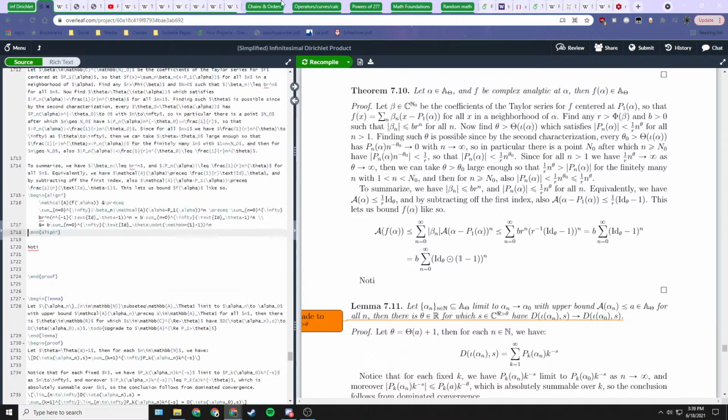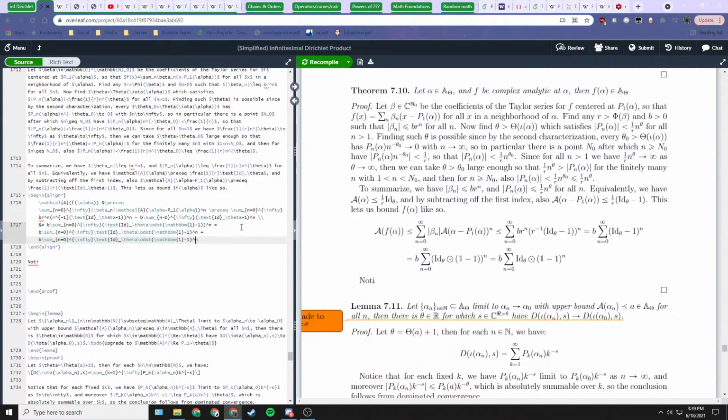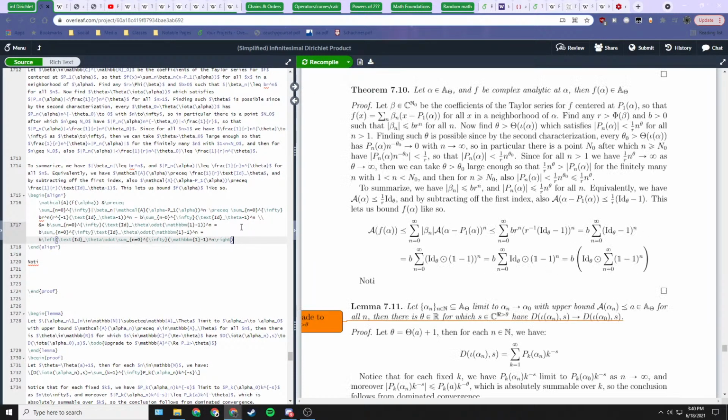But now, since id theta is multiplicative and o dot distributes over products when one of them is multiplicative, we can pull this out of the exponent. And also, since o dot is continuous and linear, it distributes over addition, so we can pull this out of the sum as well. So I can pull this right out like that, and I'll put a bracket here just so that's clear. So we end up with this.